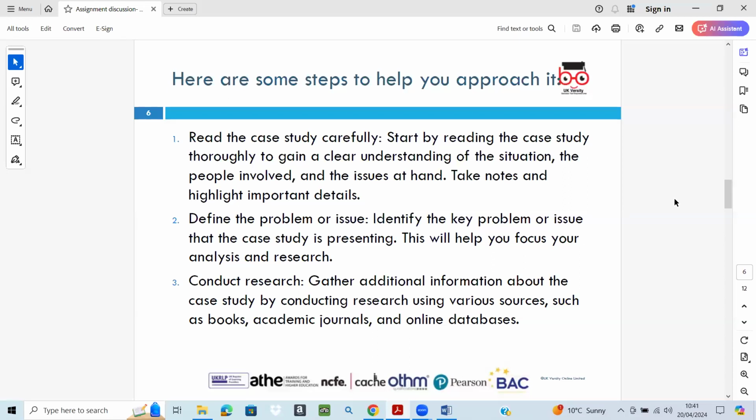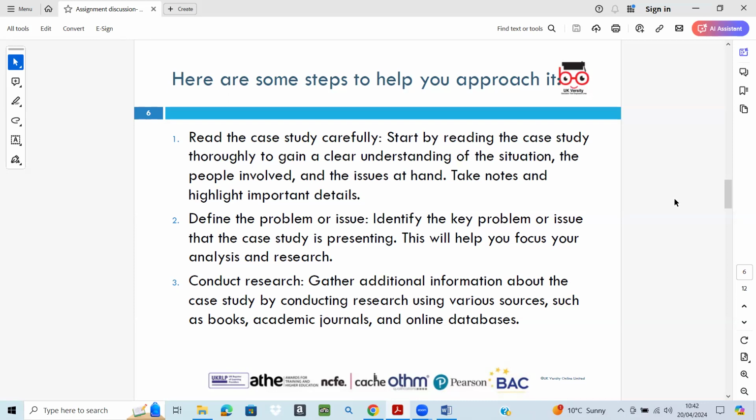We need to propose solutions or recommendations based on our analysis. So this step is to develop solutions or recommendations. These should address the key issues we have identified and be grounded in the data we have analyzed. And how can we ensure these recommendations are practical and relevant?